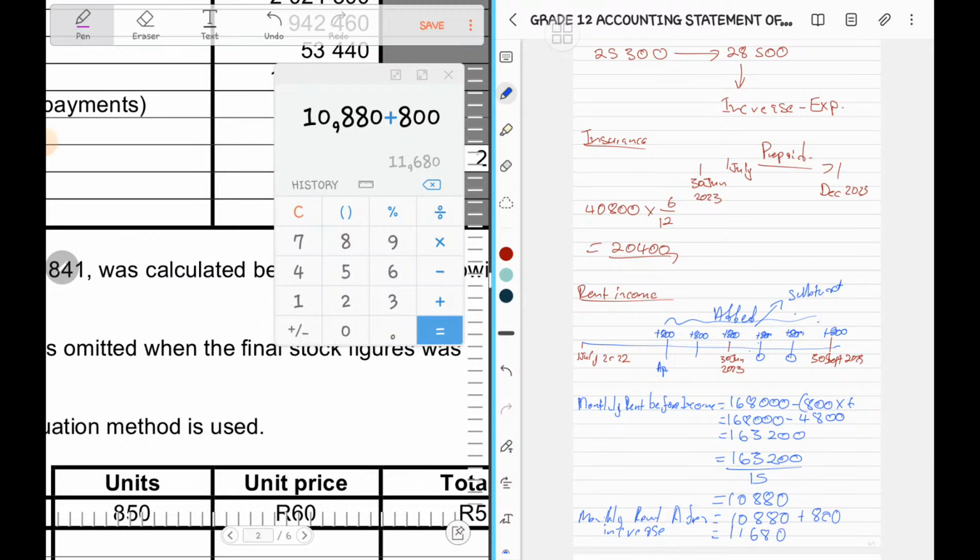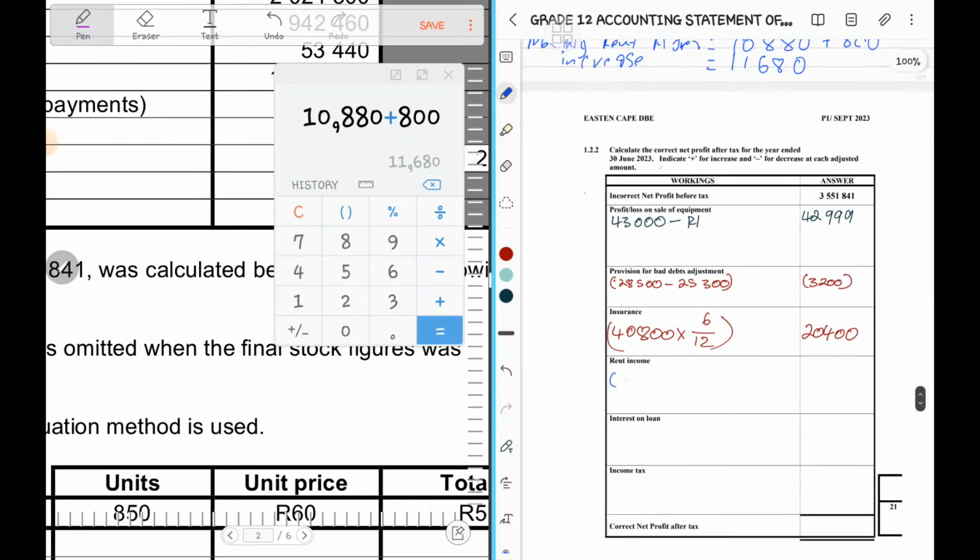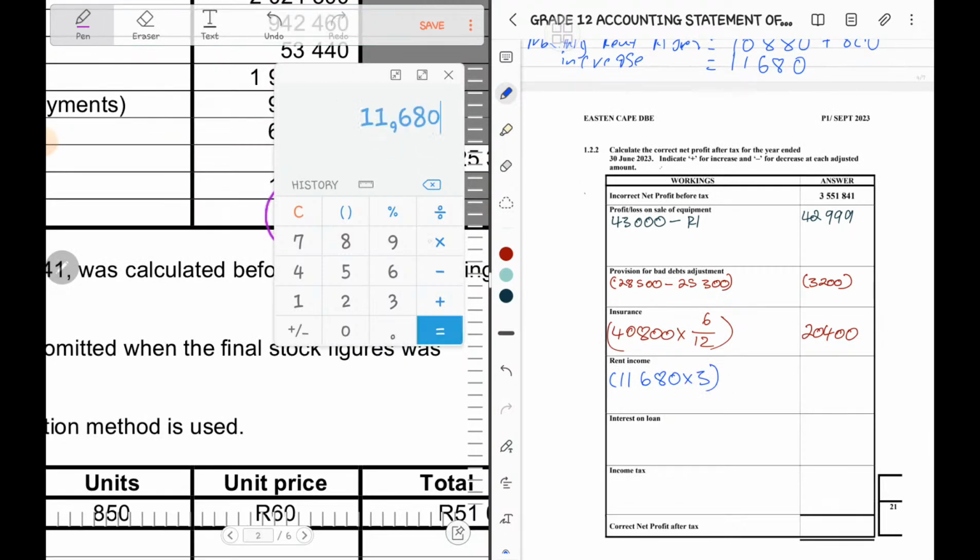Now remember, 3 months were received in advance. So here we're going to say 11,680. Then we multiply that by 3. Multiply by 3, it's 35,040.